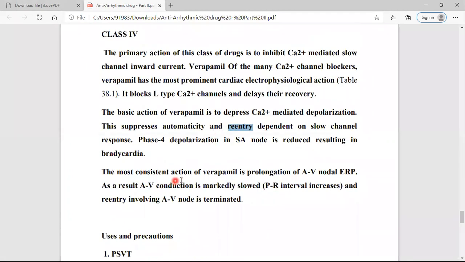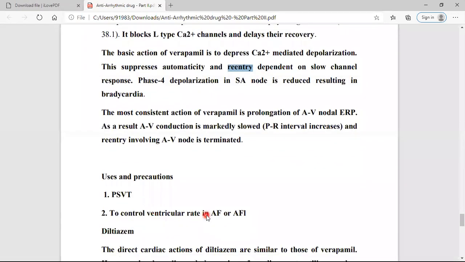The most consistent action of verapamil is the prolongation of the AV nodal effective refractory period. As a result, AV conduction is markedly slowed and re-entry involving the AV node is terminated. It is used in paroxysmal supraventricular tachycardia and to control the ventricular rate in atrial flutter and atrial fibrillation.